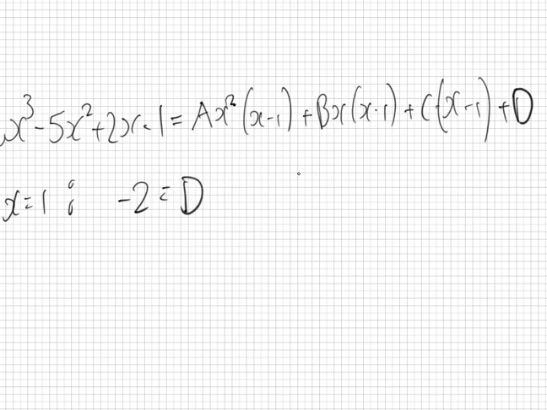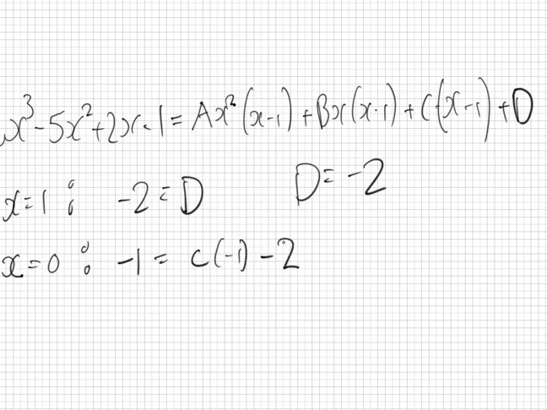So there you go, d equals minus 2. Right, what should I use next? I think I should use 0. So then I get minus 1 equals 0, 0, c times minus 1 plus d. 2 minus 1 is, okay, so I get c equals minus 1.